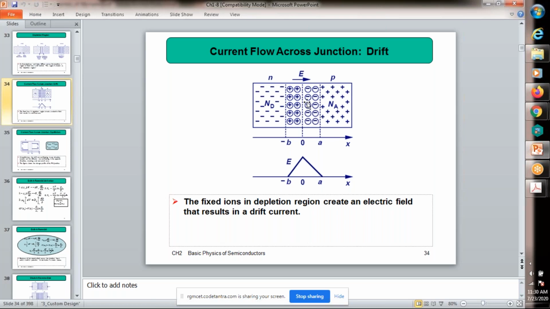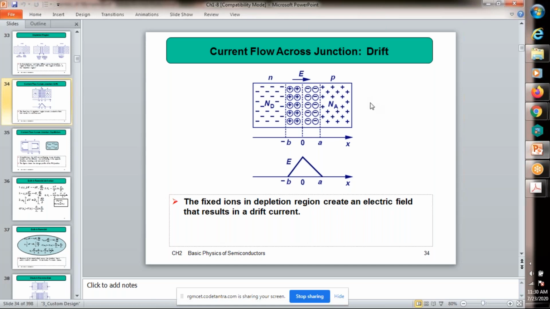And remember this voltage exists only at this point. This side electric field is equal to 0, and when electric field is 0, voltage is also 0. This side also electric field is 0, voltage also 0. That means voltage exists only within this depletion region, minus B to A only.